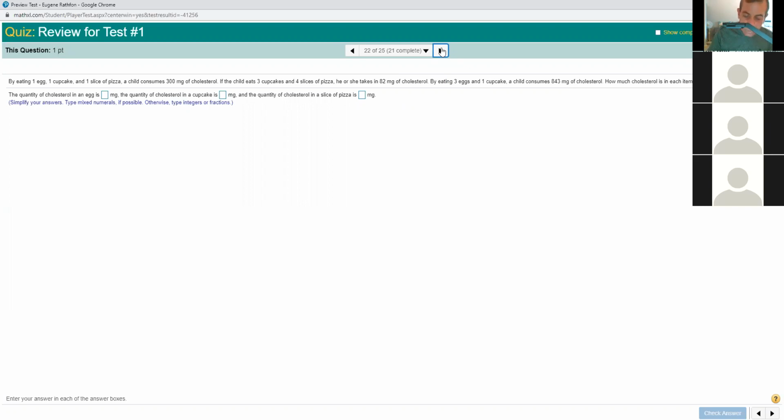All righty, so this is the cholesterol one. So 1 egg, 1 cupcake, 1 pizza, 300 milligrams. 3 cupcakes, 4 pizza, 82 milligrams, and then 3 eggs, 1 cupcake is 843 milligrams of cholesterol.